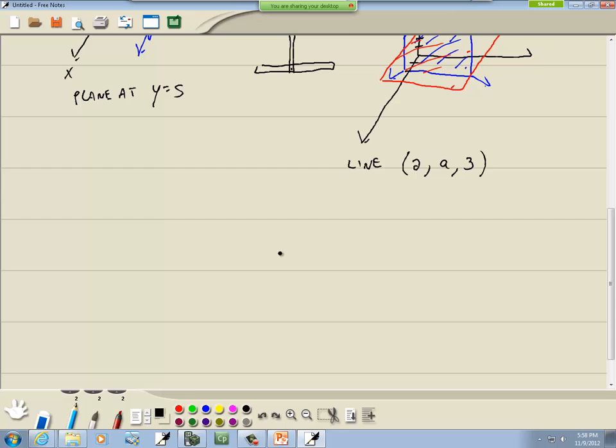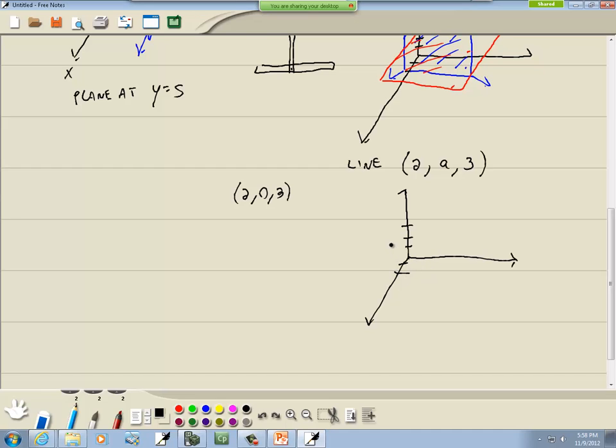If I were to actually sketch that, I could, now that I got those, and again, those better with 3D can probably come up with a much better picture than what I'm going to do. So one of them would be 2, 0, 3. So go to x equals 2, z is equal to 3, and y is equal to 0.